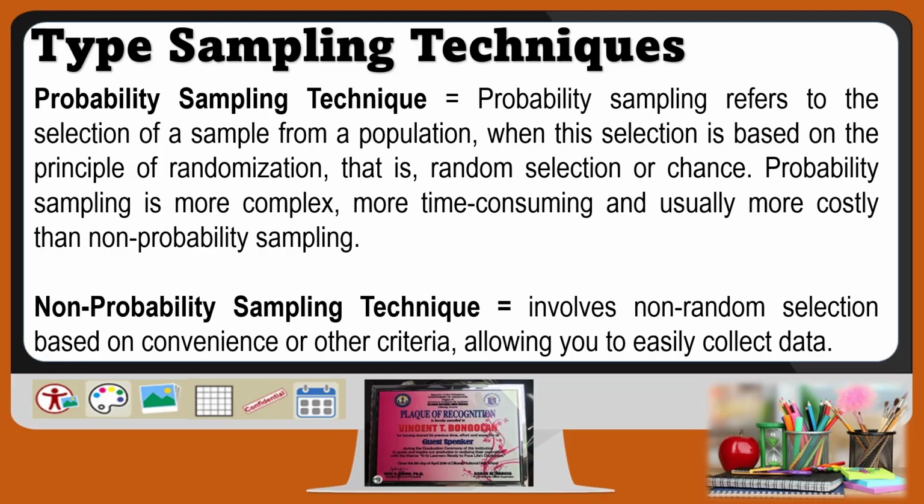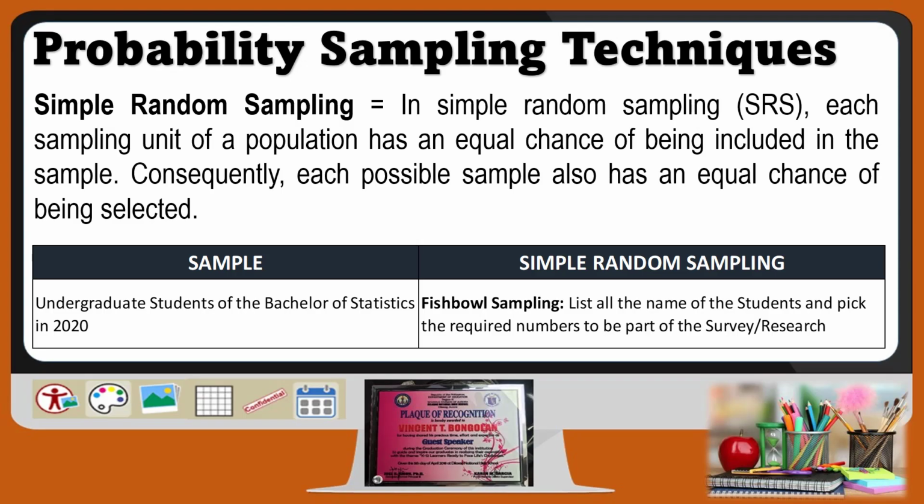So now let's discuss the different techniques under probability sampling. The first one is the simple random sampling.